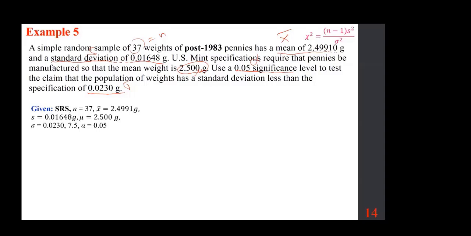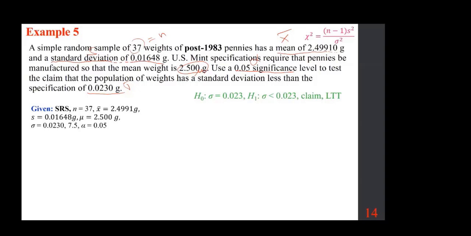H0 and H1: we want to check that the standard deviation is less than that. That's the left tail test. So sigma is 0.023, with the units grams. H1 says sigma is less than that, which makes it a left-tail test, and that is also the claim.